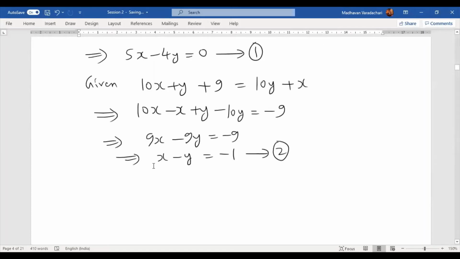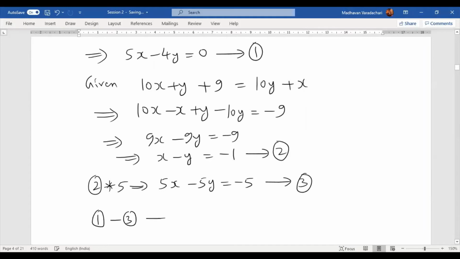Now, if I multiply this by 5, then here also 5x. We multiply the second equation by 5 to get 5x minus 5y equal to minus 5. Call this equation 3. Now, subtract equation 3 from equation 1. 5x gets cancelled.